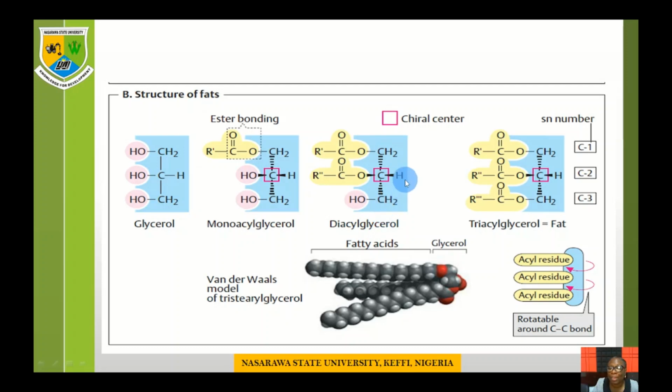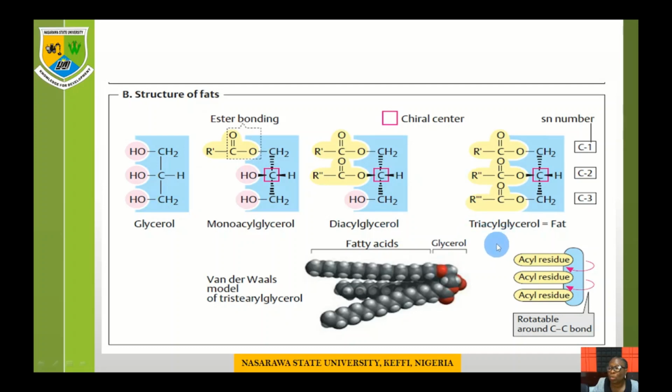The compounds that it is attached to are different from each other, so it's called a chiral center. It's attached to CH2 here, to this one, to this compound which is different from what is attached here, and to another compound which is entirely different. So the 4 attachments around this carbon are totally different, so this carbon is a chiral center.